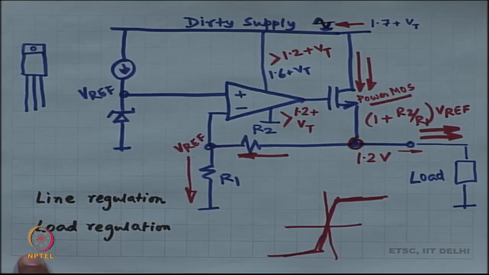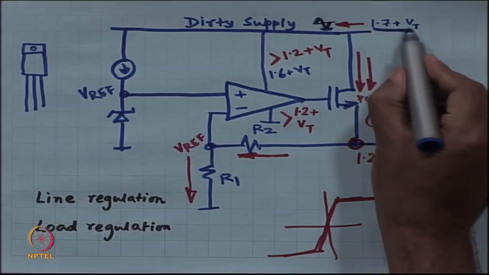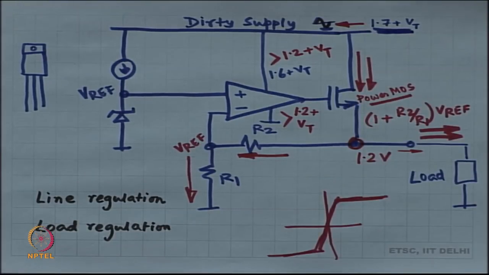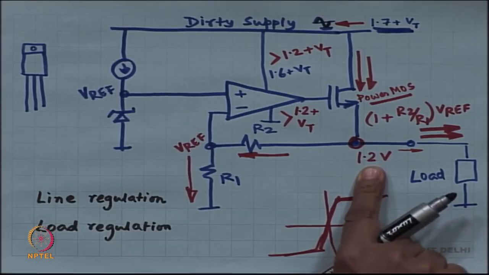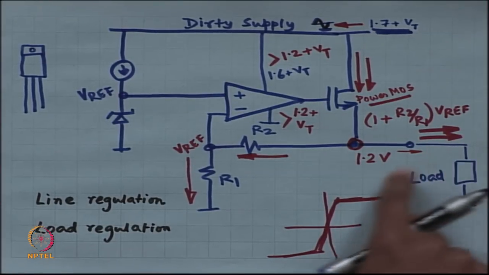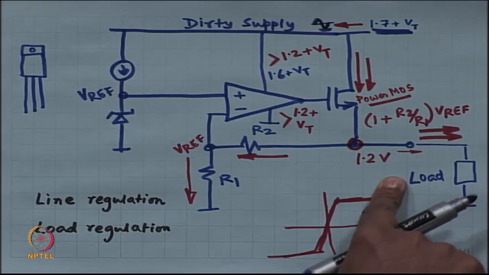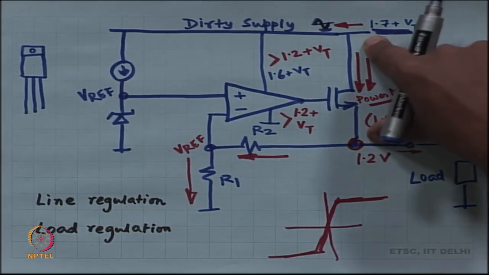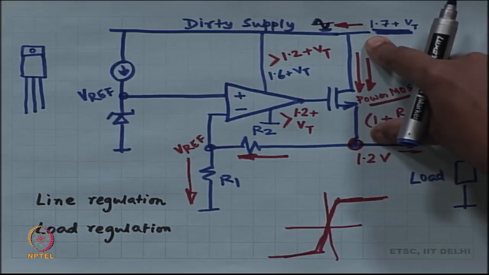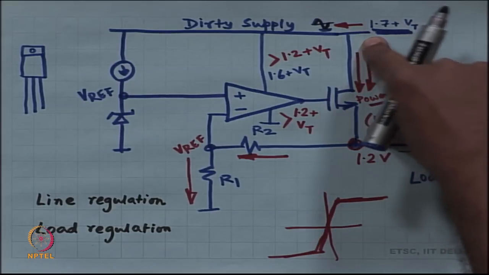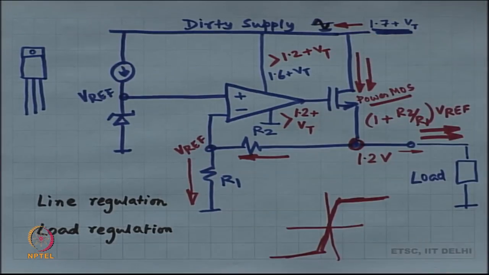I am just assuming 0.1 volt of amplitude is there on that dirty supply. So, now the dirty supply is 1.7 plus VT, the actual supply going to the load is just 1.2 volt. What is the drop over here? It is 0.5 plus VT is the drop across drain and source.